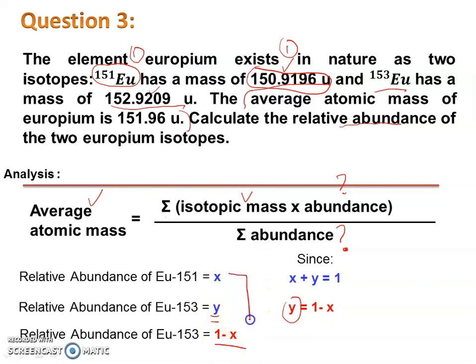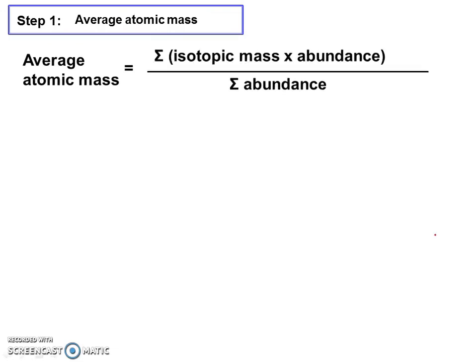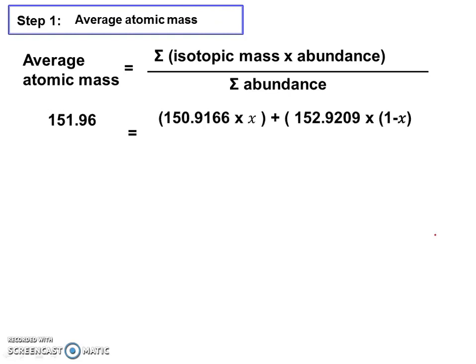Now I have a single unknown. The solution is I will get the value of X, and after I get the value of X, I can get the value of Y. Now we start with the first step, average atomic mass. We start with the formula, then insertion of the values.